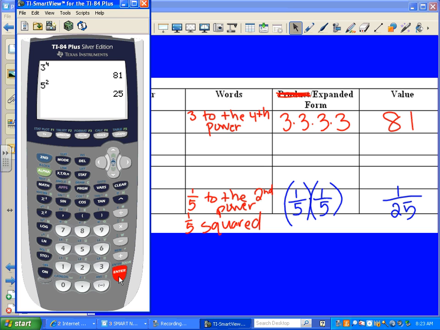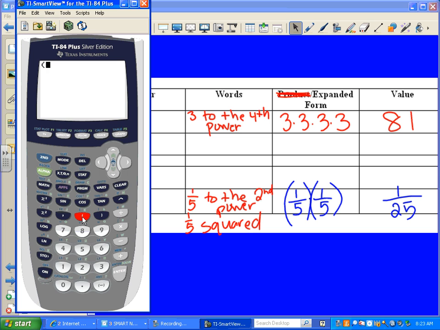Okay, let me show you one more, but listen carefully. We're going to put one in that's a fraction, and we're going to raise it to the 3rd power. Stay with me. Clear your home screen. Hit clear. Open up a parenthesis, right above 8 is the open parenthesis.